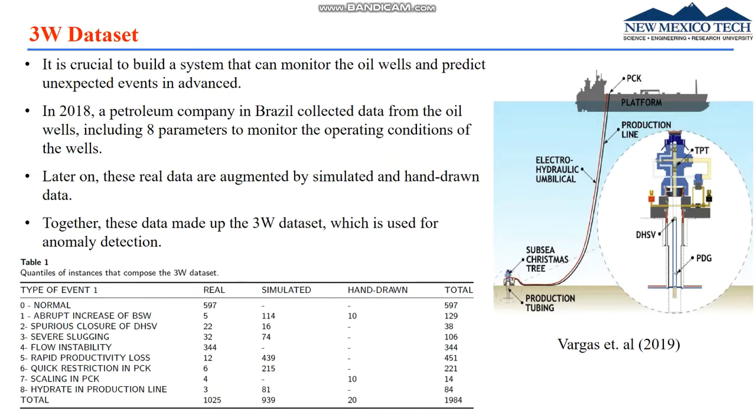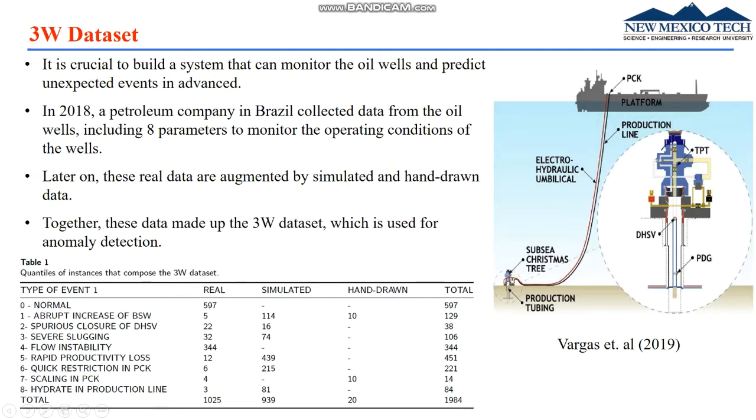So you can see in the table on the left side, it is a summary of the instances or the wells that the company has collected, and you may notice that besides the real instances, there are simulated instances and also hand-drawn instances, and the total number of wells is 1,984 wells.